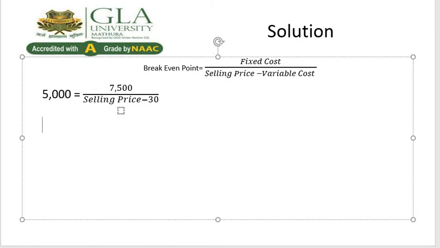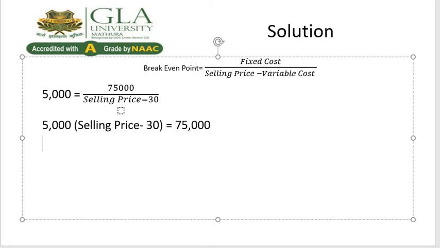So we cross multiply: 5,000 into selling price minus 30, bracket close, equals 75,000.